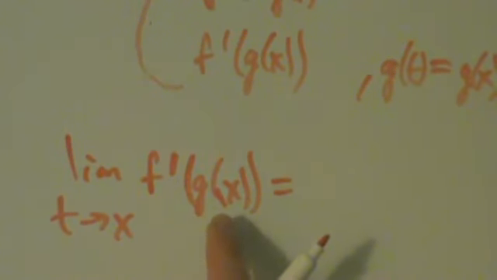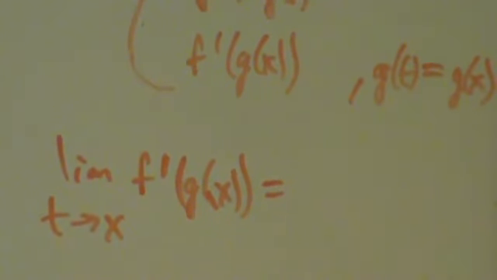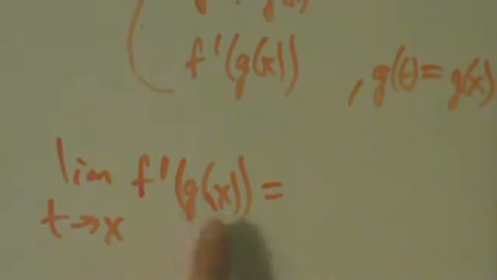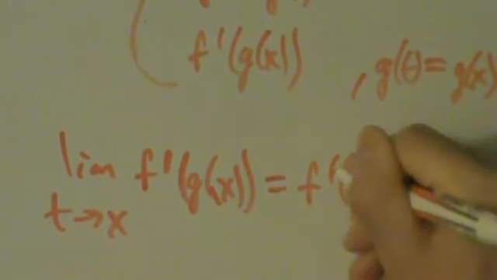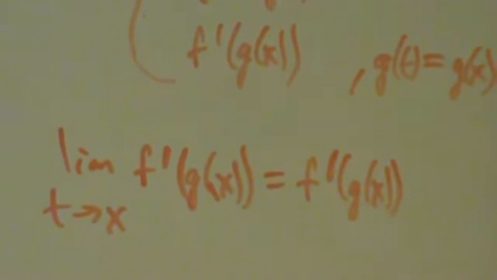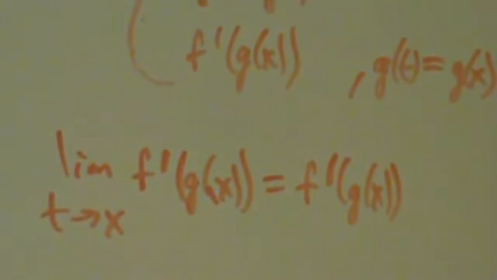The limit depends on t, but this expression doesn't have a t in it anywhere, so as far as this limit is concerned, it's just a constant. It's not really a constant because there's an x, but the limit only cares about t, the variable for the limit. So this is just f prime of g of x. That's the second piece. It was easier to deal with, that's why we did it first. But now let's look at the first piece.